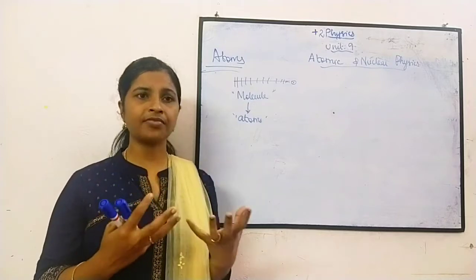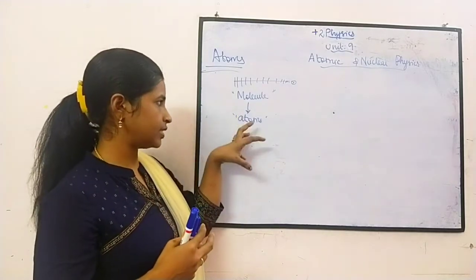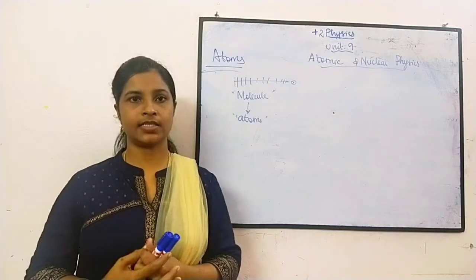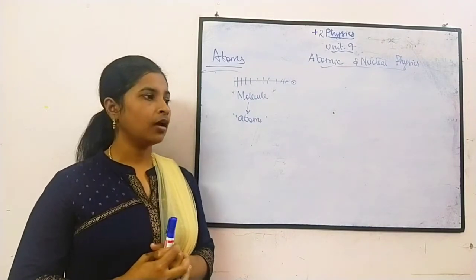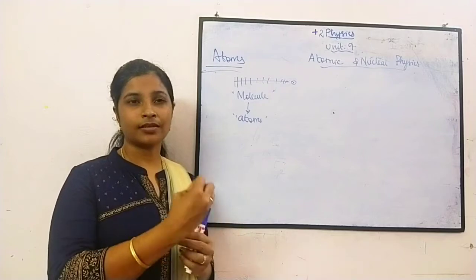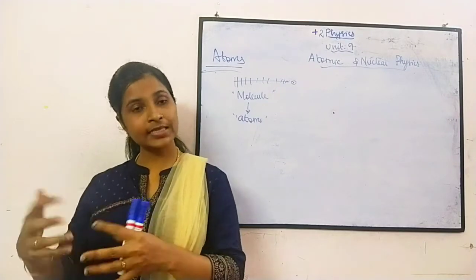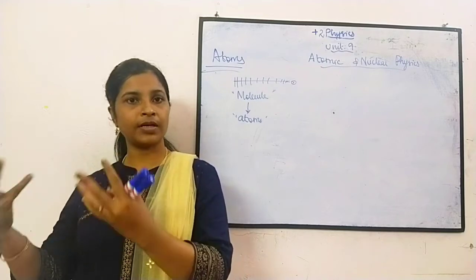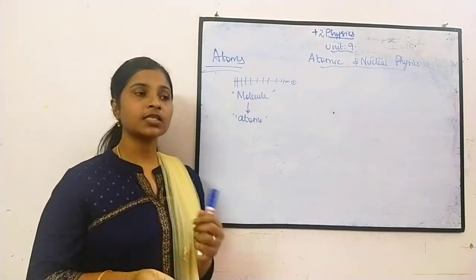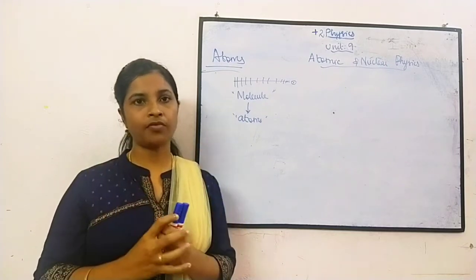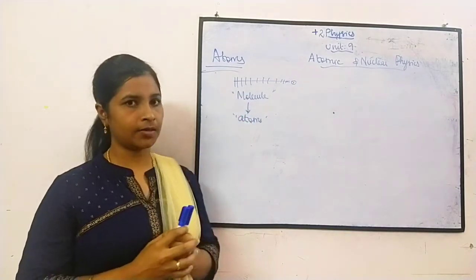When we see the different atoms, all the atoms have different characteristics. For example, when we heat some object, it will produce some colored light, and when you heat some other object, it will produce some other color. We know that all material is made up of atoms.